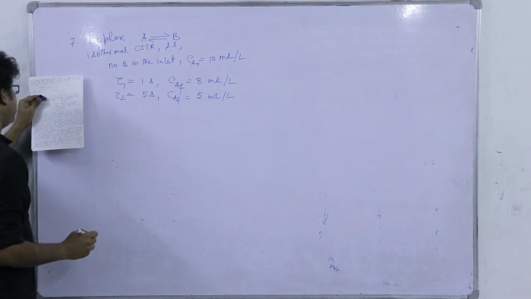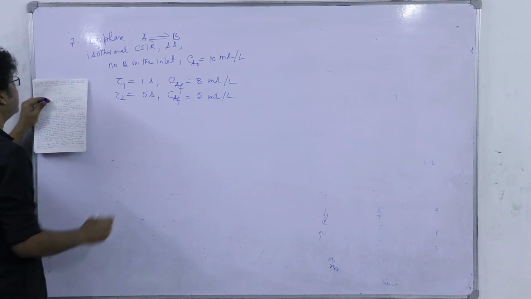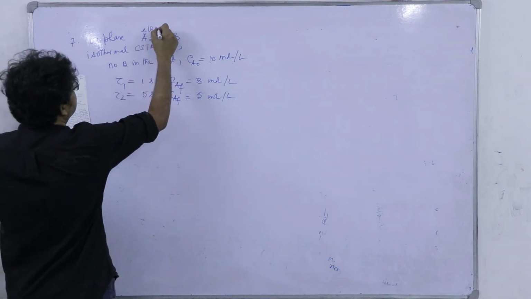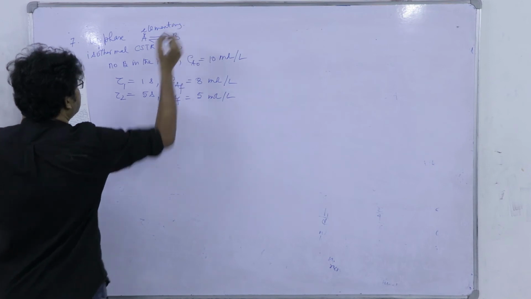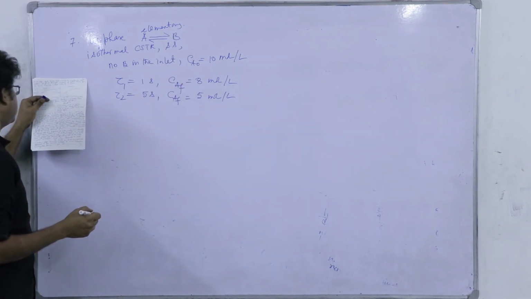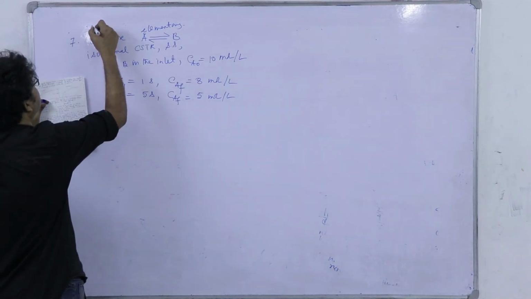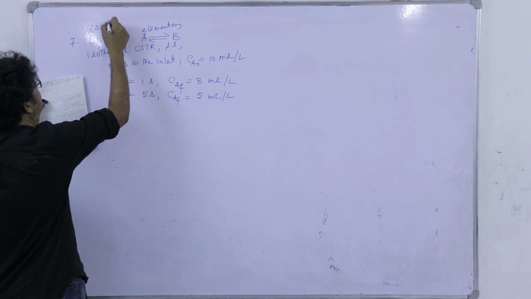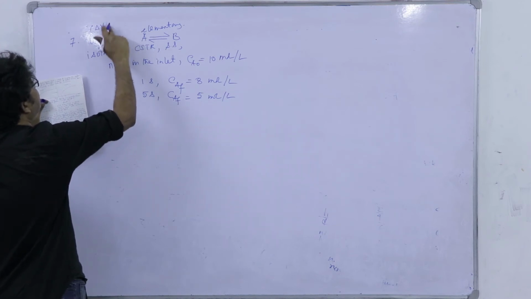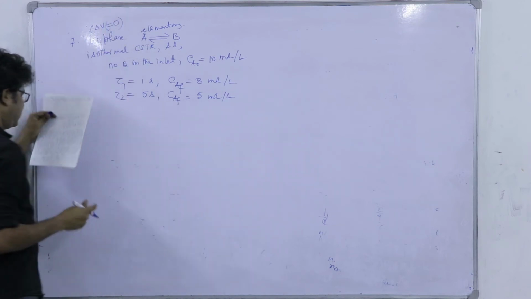Assume the forward and backward reactions are elementary, following first order rate law. Also assume that the system has constant molar density. So, delta V is 0, no volume change.